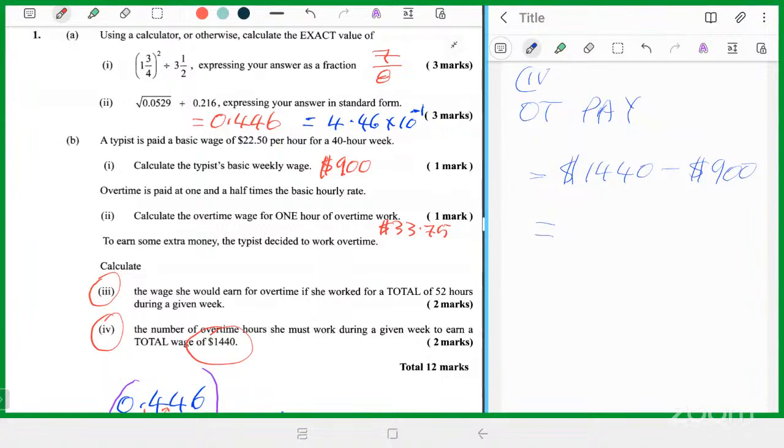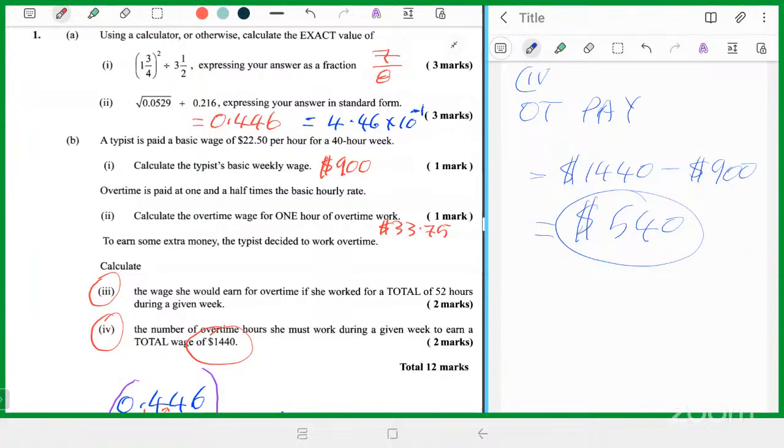That's the regular pay we calculated before, by doing that subtraction. What do I work out to, guys? Work it out. 540. So she's earning $540 overtime money. But the rate at which you earn this money was $33.75 per hour.